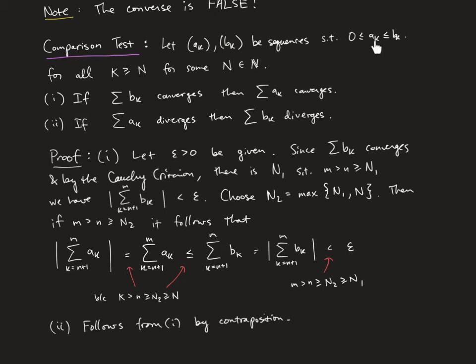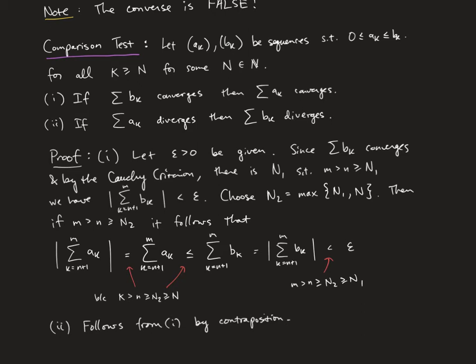But you want to deduce from that the convergence of the a_k series, and you might not know how to precisely sum this series. So you need to know that there is a limit of the partial sums of this series, and knowing that the limit is out there really comes from the completeness of the real numbers.